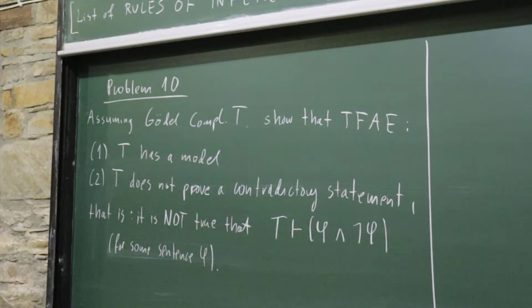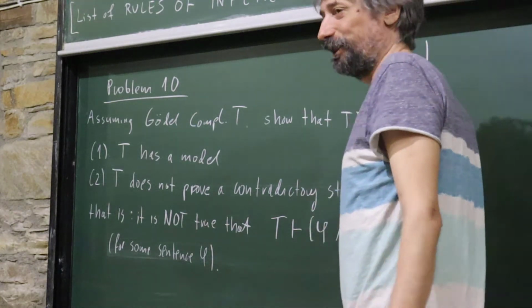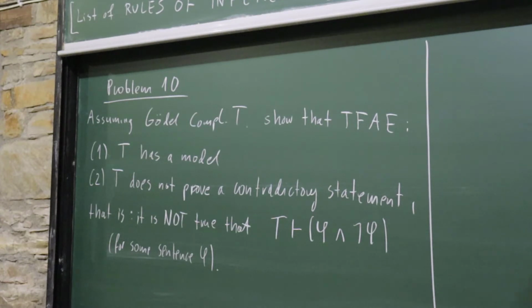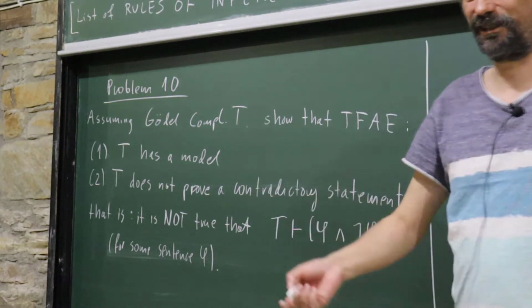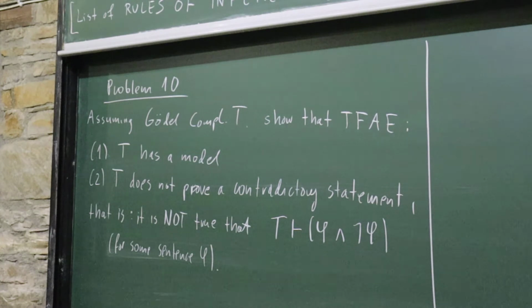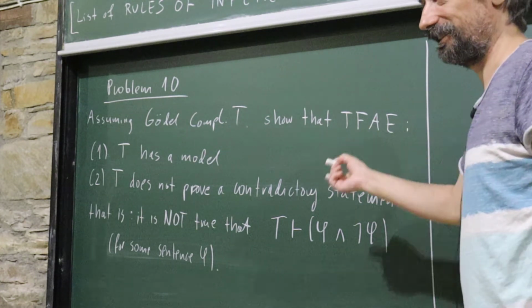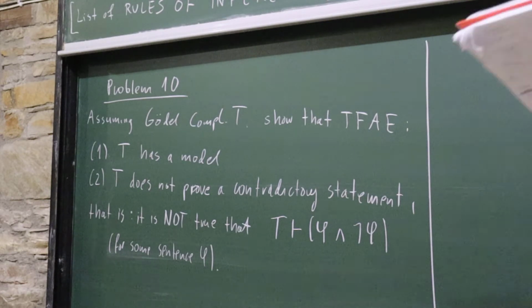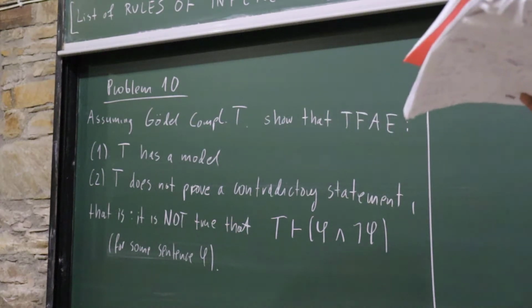The best statement would be something like "it is not true that 0 equals 0," but maybe there is no constant in the language, so it's hard to say. But you can always imagine there is some obviously contradictory statement in the language. 0 equals 1 is okay. It's sometimes true, but it is not true that 0 equals 0; 0 not equal to 0 is definitely wrong. Yeah, 0 equals 1 is perfect, in the ring.